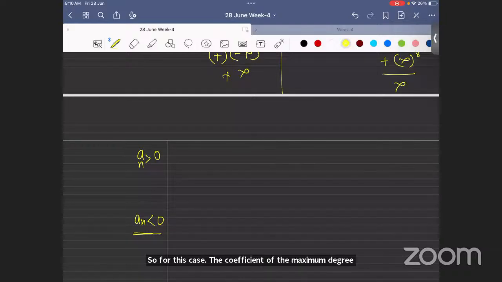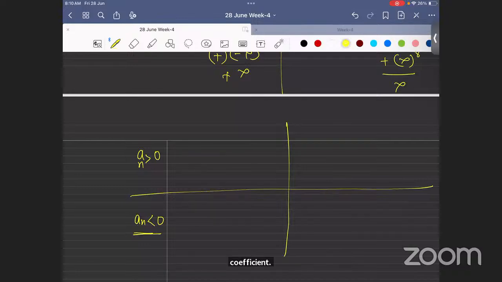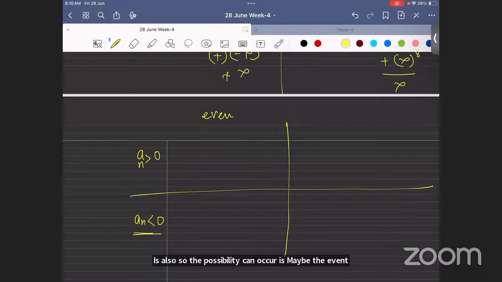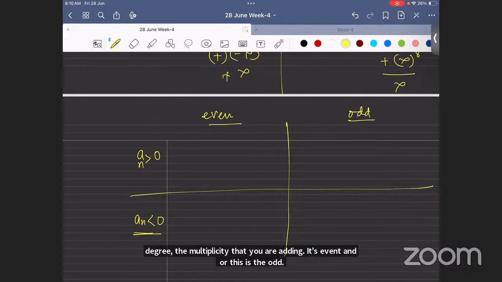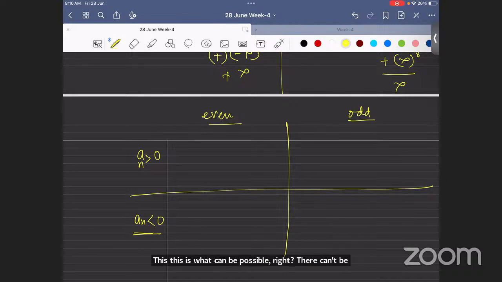The possibility that can occur is that the degree, the multiplicity that you are adding, is even, or it is odd. This is what can be possible, right? There can't be any other possibility, whether it's even or odd, or the coefficient is positive or negative.